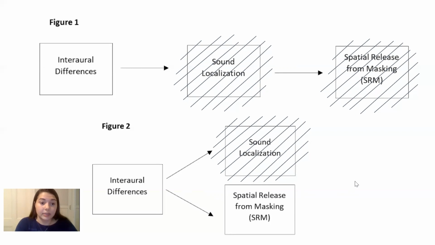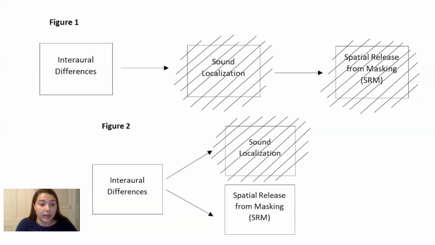So this question has been asked before, but what makes our study different is we are testing the algorithm's ability to degrade sound localization with two different tasks. And also we are focusing on spatial release from informational masking specifically. So we have informational masking and energetic masking, and in complex sound environments, usually both of those are at play.